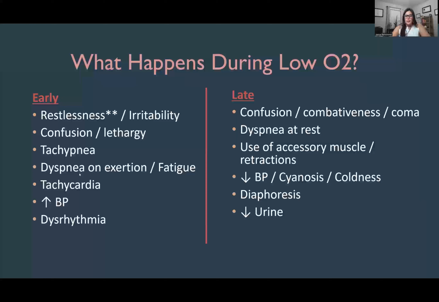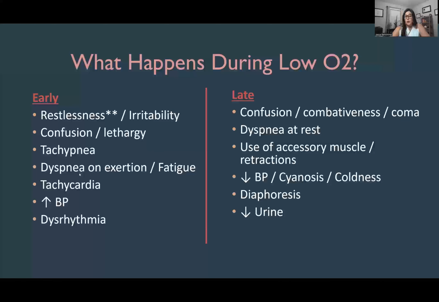The next thing is to talk about what happens whenever someone has low oxygenation. Well, there's many things that could happen. Remember, we need oxygen. The cells need oxygen to basically live. We can't live without oxygen. And so early symptoms are restlessness, irritability, confusion, lethargy.